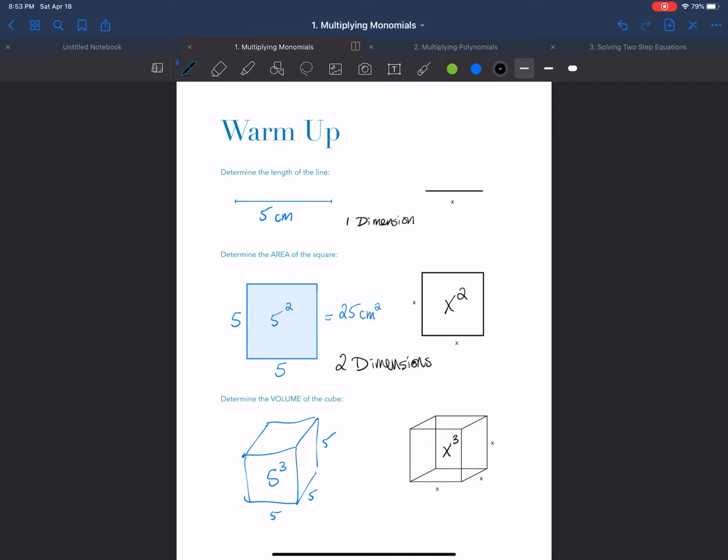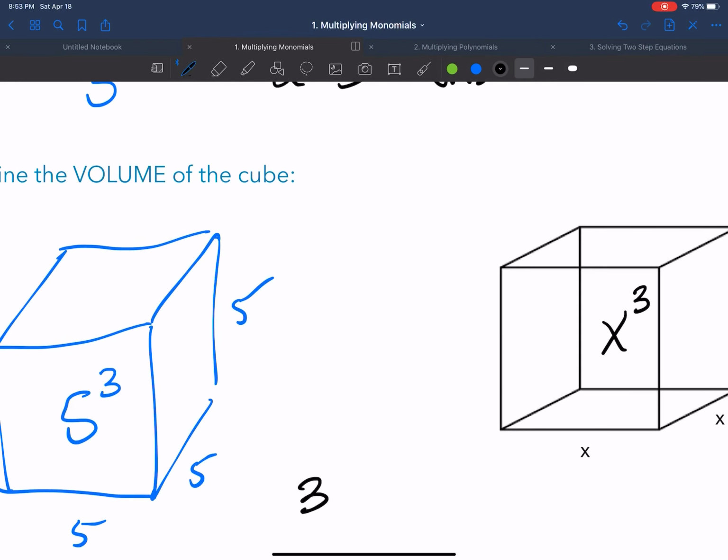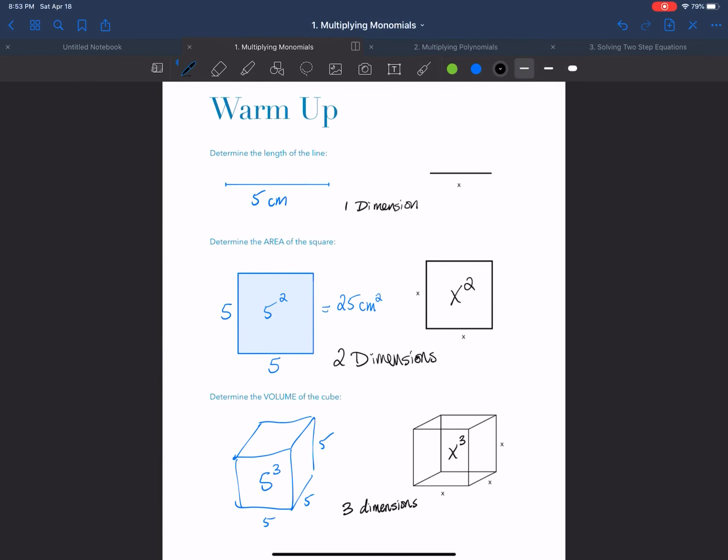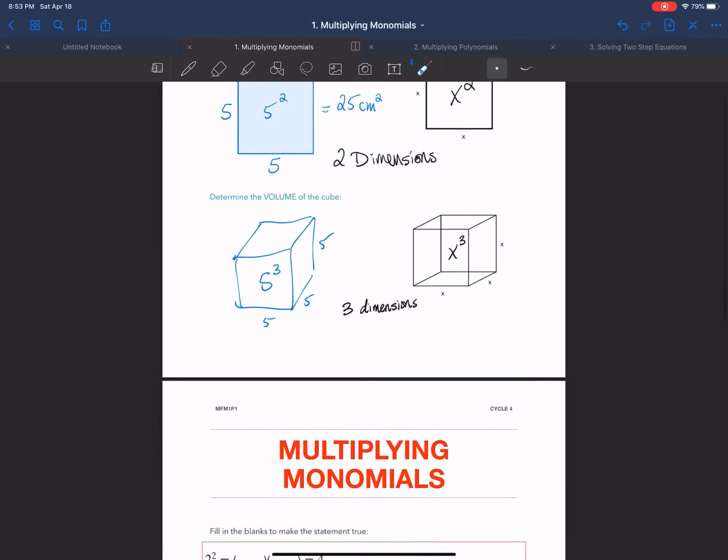So that would be the 3 dimensions. Okay, so again, that's just a way to visualize what each thing means. And what we were doing here and here is multiplying monomials. A monomial is just one term.